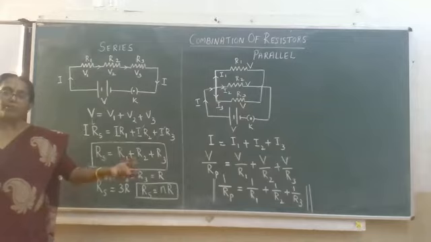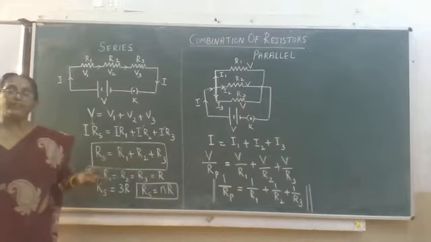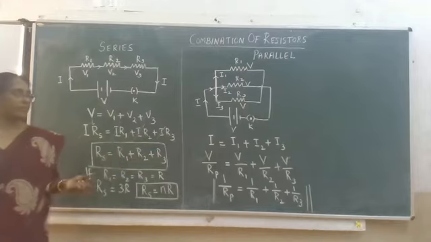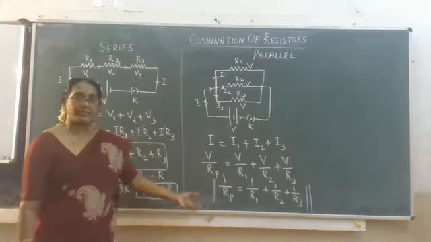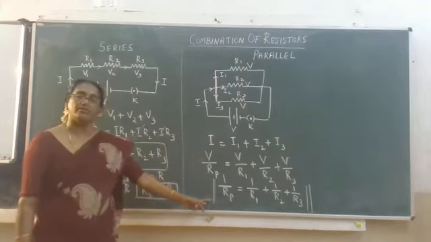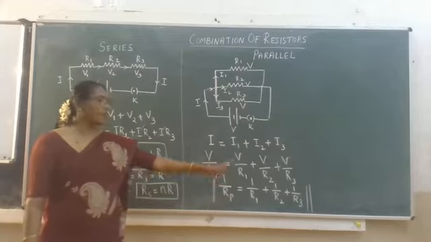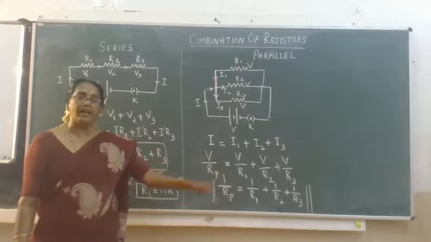So this is becoming a little complicated. 1 by Rp is equal to 1 by R1 plus 1 by R2 plus 1 by R3.